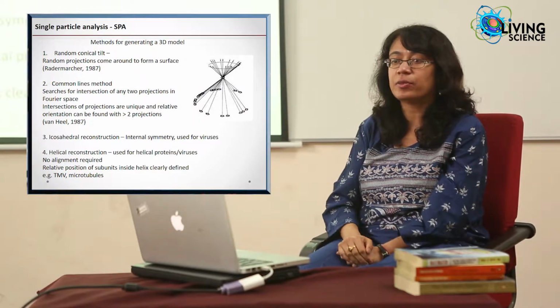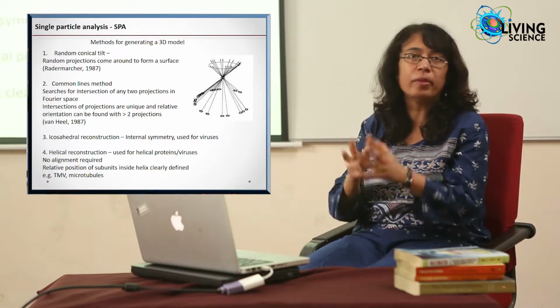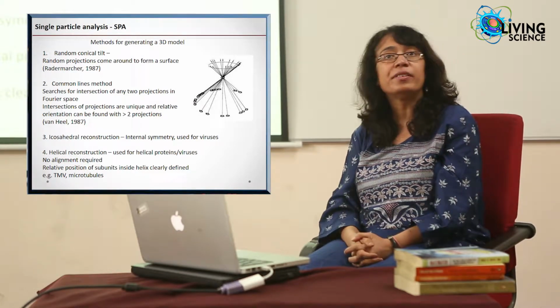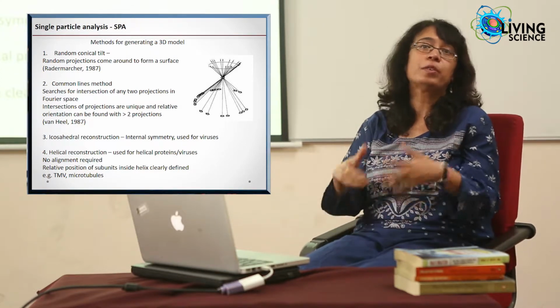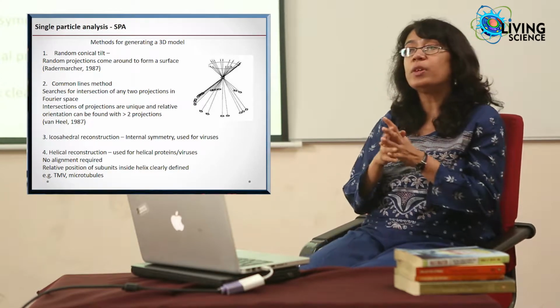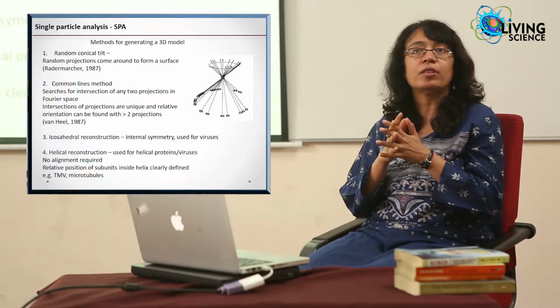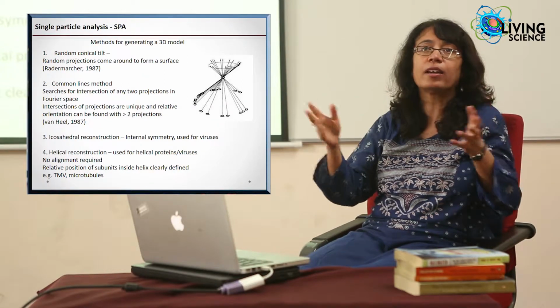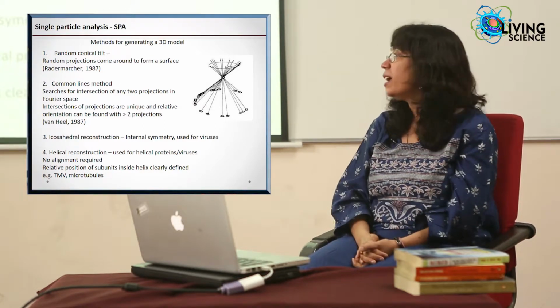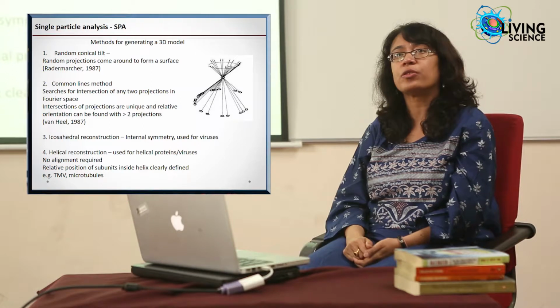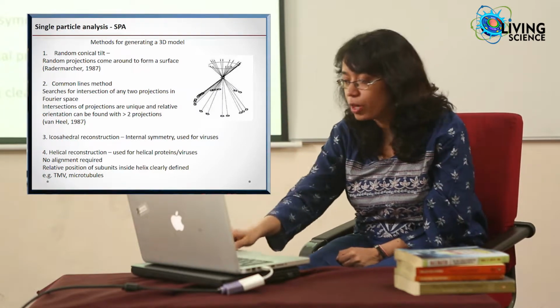There's the random conical tilt method, the common lines method, icosahedral reconstruction, which is typically used for virus particles, because virus particles have a lot of symmetry. So one orientation may be similar to many other orientations. And then helical reconstruction, which are all different methods for reconstruction.